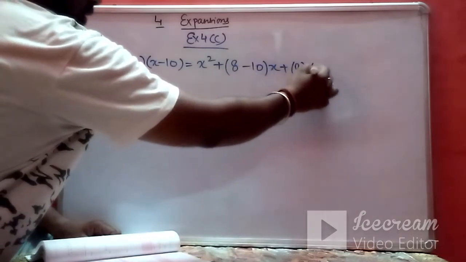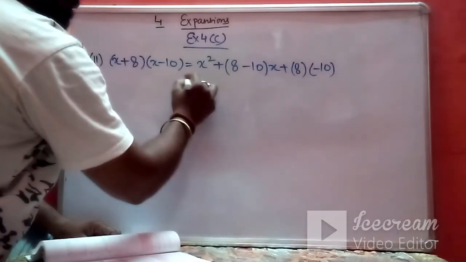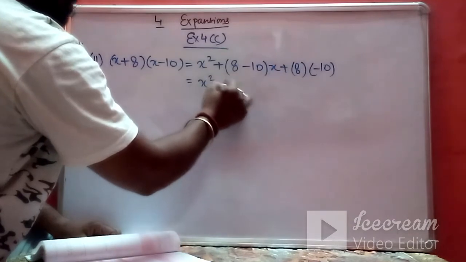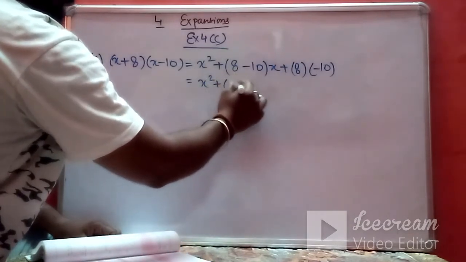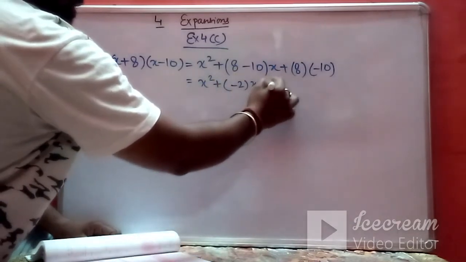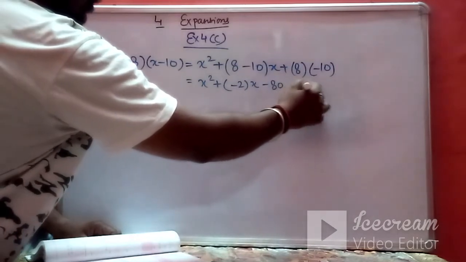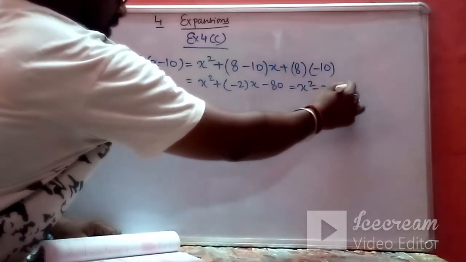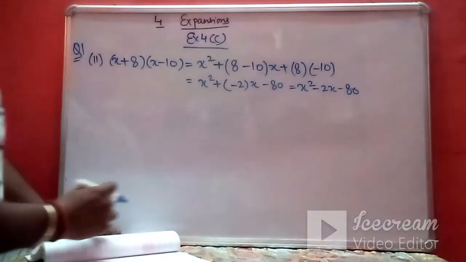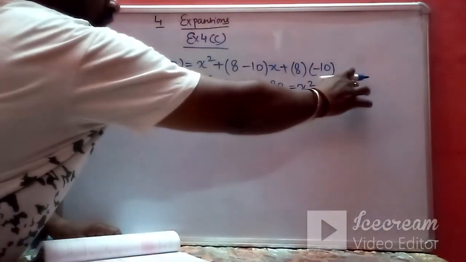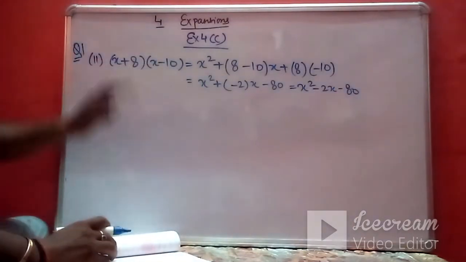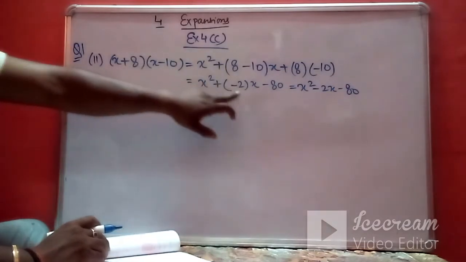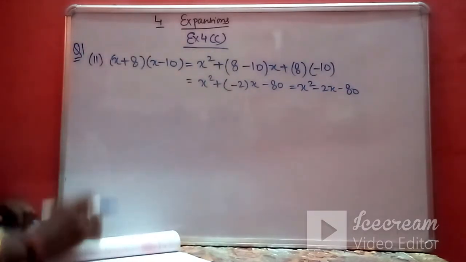Then again 8 into minus 10. So finally what I will get: 8 minus 10 is minus 2, and it becomes minus 80. So what is our answer? x² − 2x − 80. What I have done here is taken this 8 and 10 along with their sign.